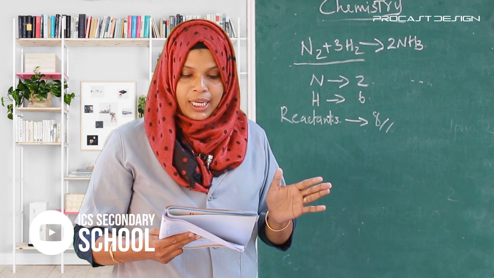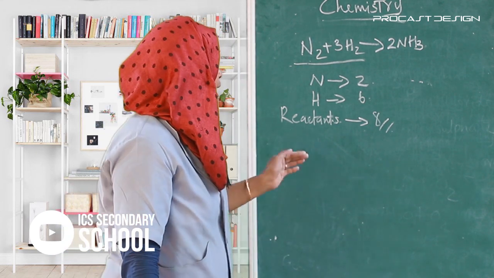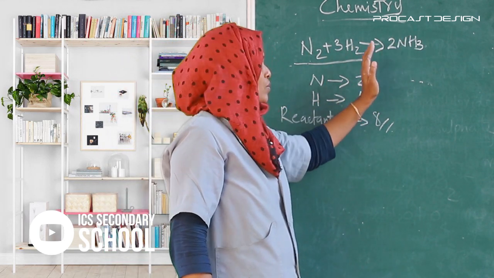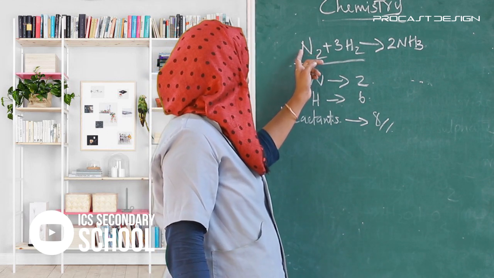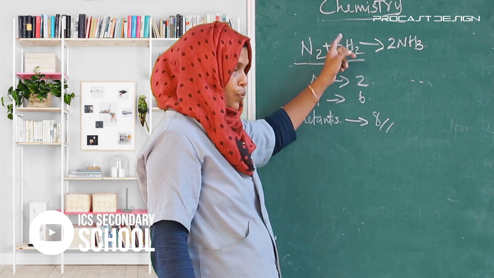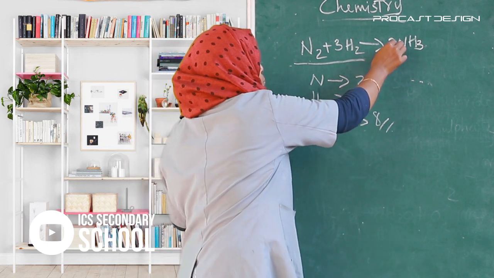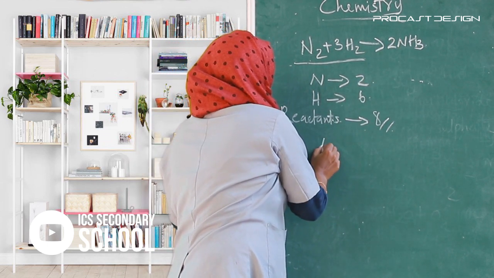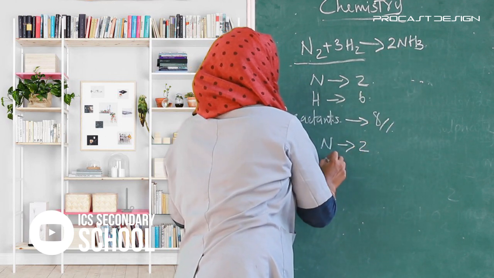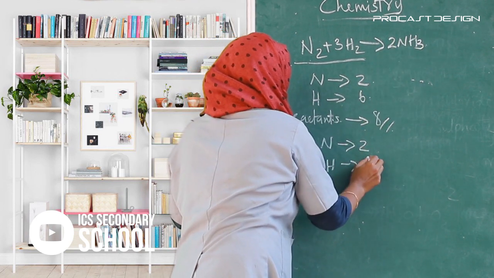Then next, question C: find the total number of atoms and molecules of the product. Here the total number of molecules is 1 plus 3, 4, and the total number of atoms is, considering nitrogen, 2 into 1, 2, plus hydrogen, 2 into 3, 6.